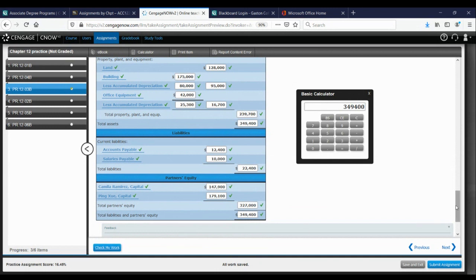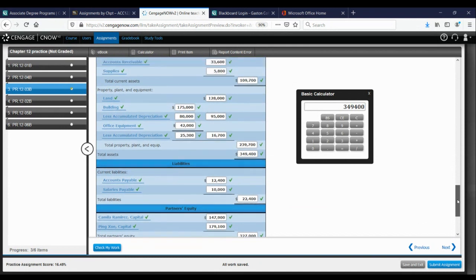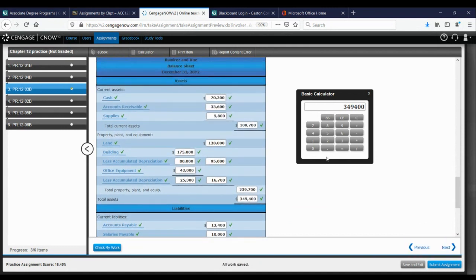So this is how we would prepare a balance sheet in what we call the report form, and it's classified. It's classified because the assets are broken down into current and plant assets. Your liabilities are broken down into current liabilities and long-term liabilities, which this company didn't have.